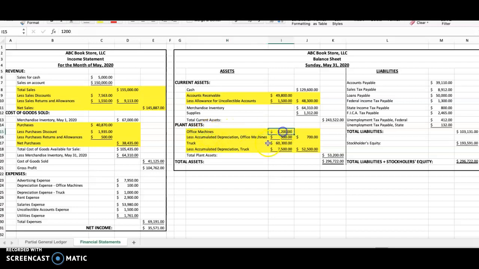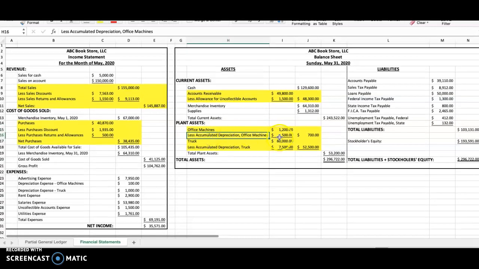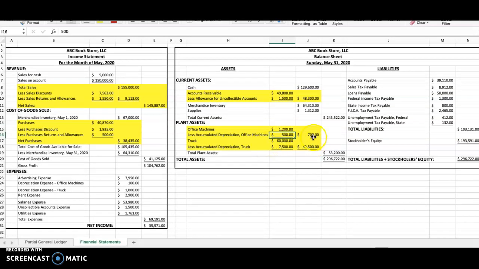Office machines we bought at one point in the past for $1,200. It has depreciated by this time $500 as shown in the ledger. So the actual value now of the office machines, the more accurate value, is $700.